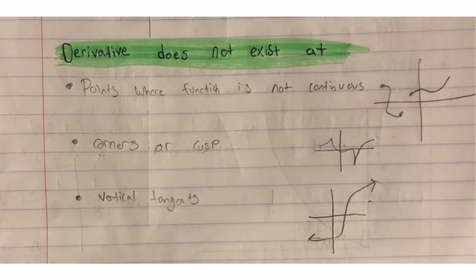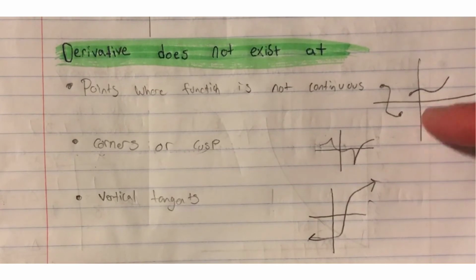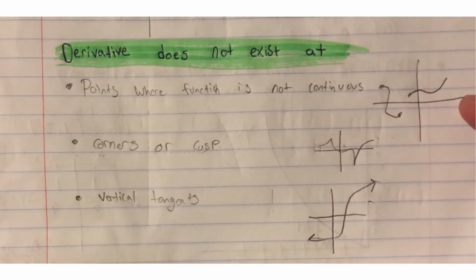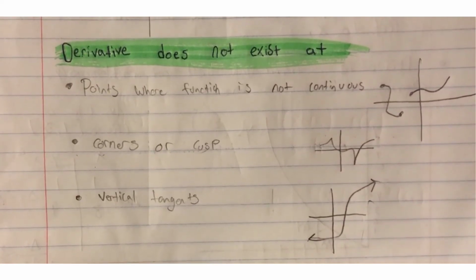One quick thing to go over is where derivatives do not exist. They don't exist where the function is not continuous. For example, here's a function that goes down and then stops and then continues up here. There wouldn't be an existing derivative with a function like that. Another place where derivatives don't exist is corners or cusps.